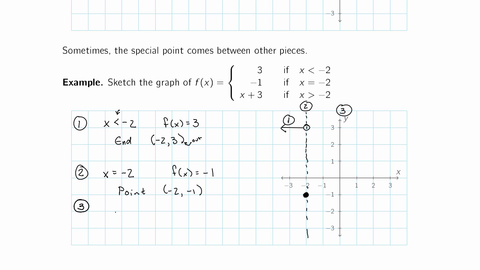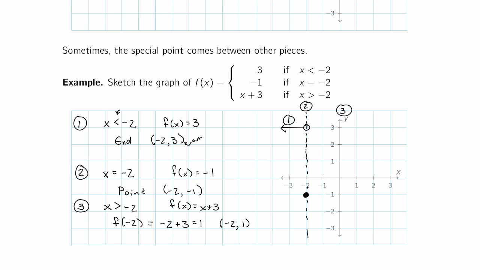The third part of our graph is where x is greater than -2. And on this part of the graph, f uses the expression x plus 3. One end of that is going to be where x is -2. So we'll evaluate the function at -2 using this formula, and we'll have the point -2, 1.